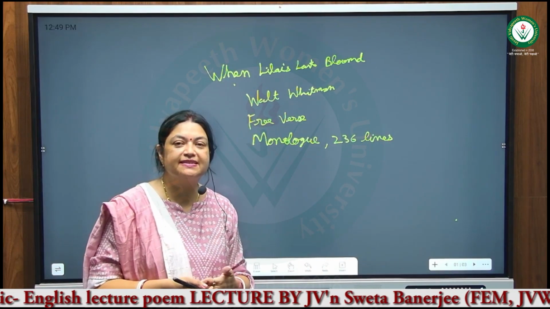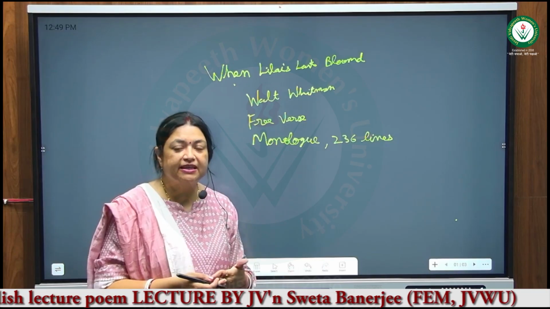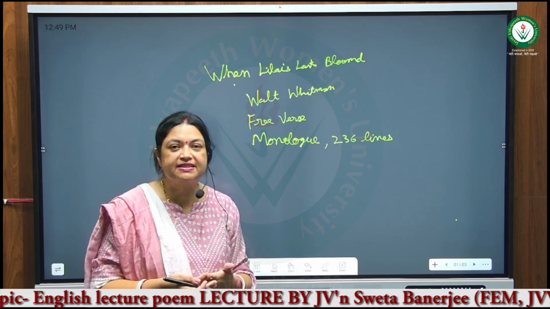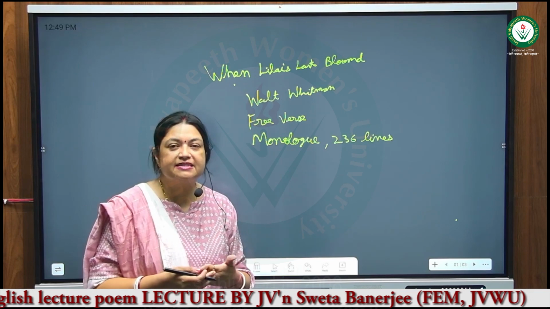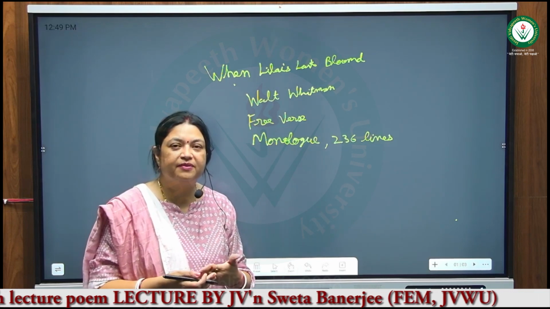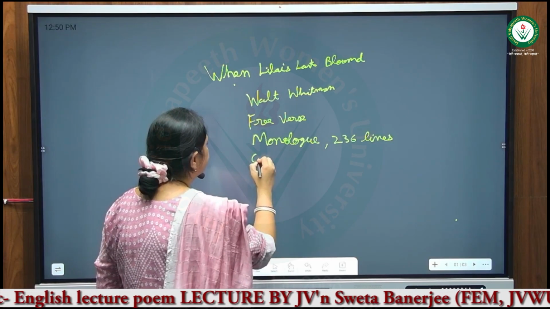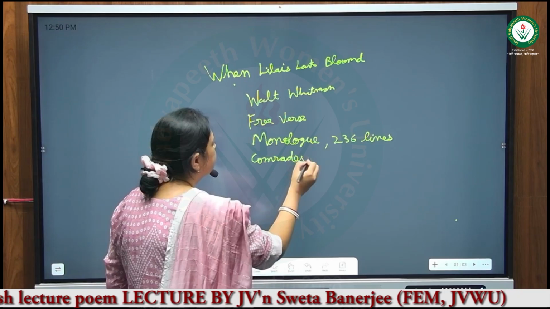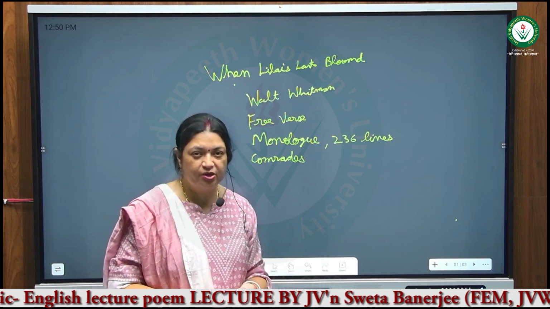Because the poet is expressing his grief for Abraham Lincoln, but in the whole poem he has not addressed the name of the president. He has just used the word comrades, and he has not taken the name of the person whom he is addressing this poem to.